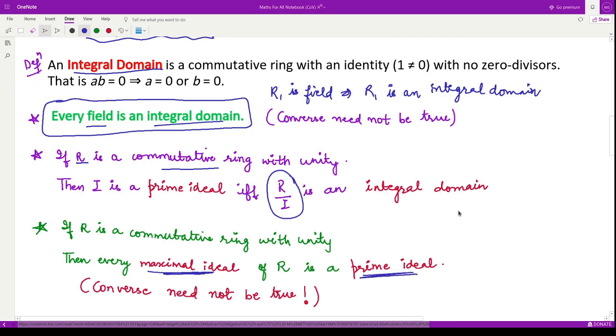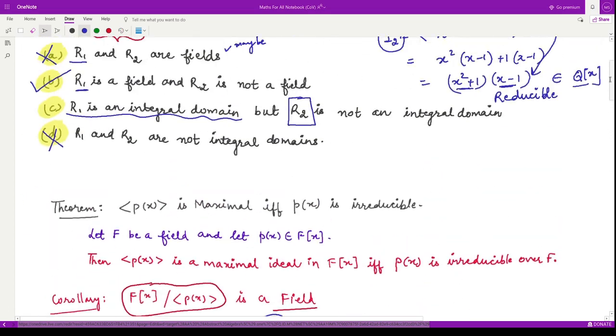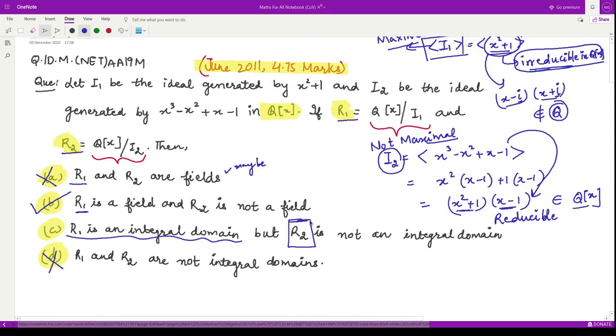In this case, the ideal I2 was not maximal because the corresponding polynomial comes out to be reducible. But we cannot apply this result either, because the converse of this result is not true. A prime ideal need not be maximal. So from here, I cannot comment anything about R2.